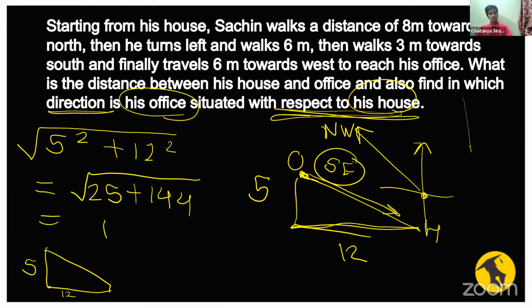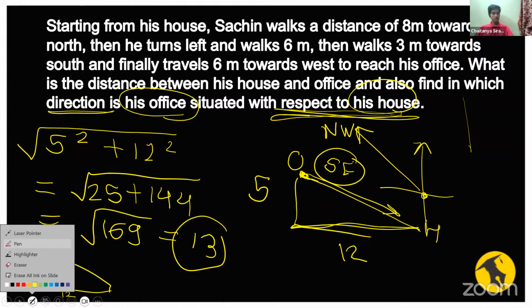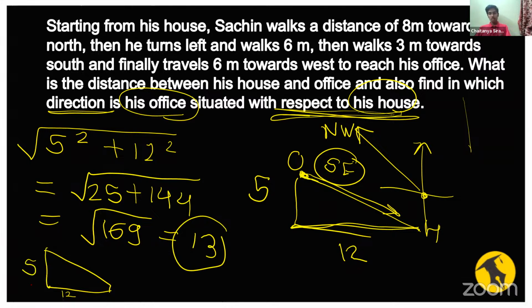So this is square root of 169, which is nothing but 13. So you can remember another triplet, which is 5, 12, 13. You can note this one so that you remember the triplet. So the correct answer: the distance between his house and office is 13 meters, and the direction is northwest.